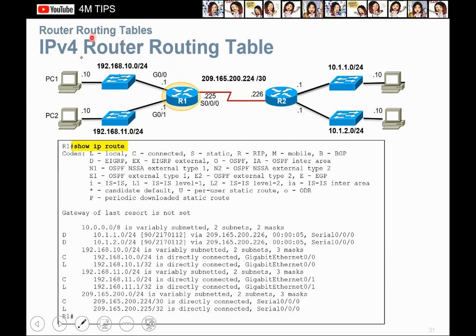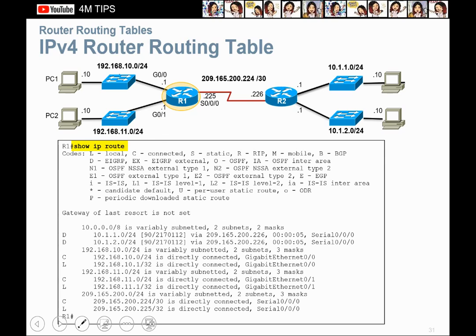So what is the first C? 192.168.10.0, which is here. 192.168.10.0 is directly connected and is connected to GigabitEthernet 0/0. You can see here it's directly connected to this network using gigabit 0/0. And you have another C, which is here: 192.168.11.0 is connected to 0/1.